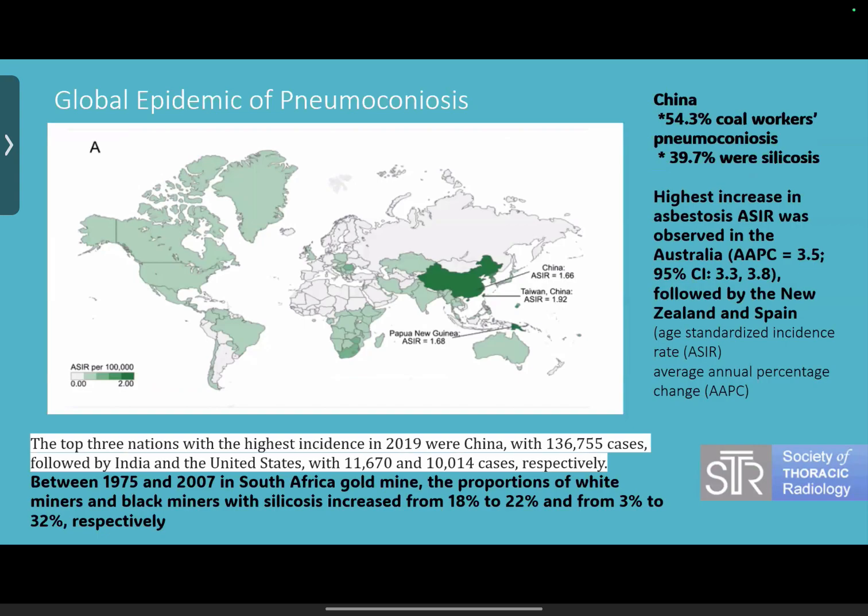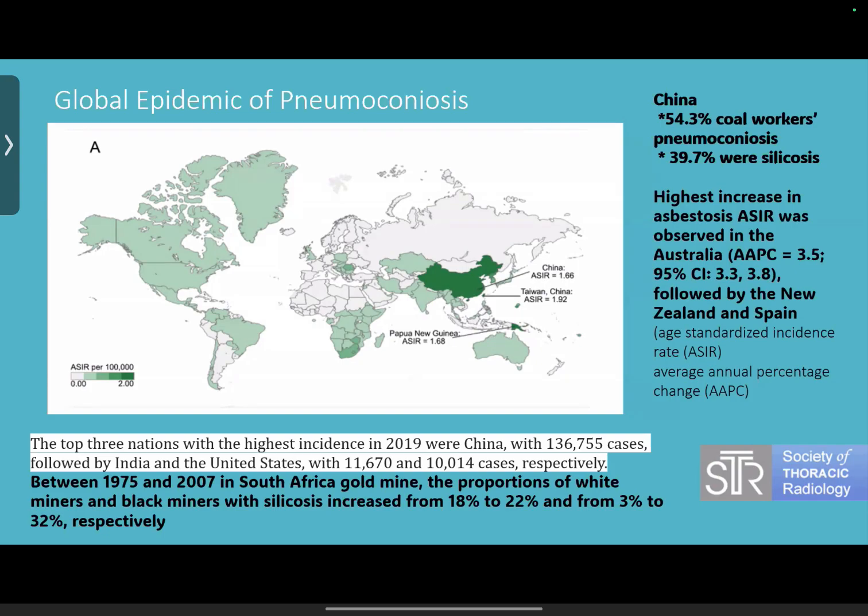China has increased significantly in the number of cases that they've seen over the last 20 years. Of course, another country that has also increased is India, and the United States has also increased in that time.